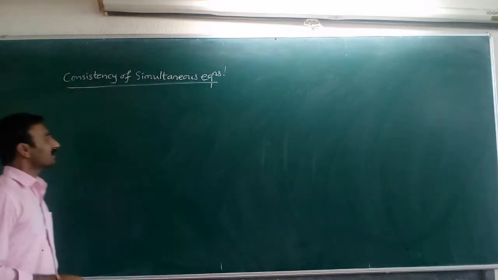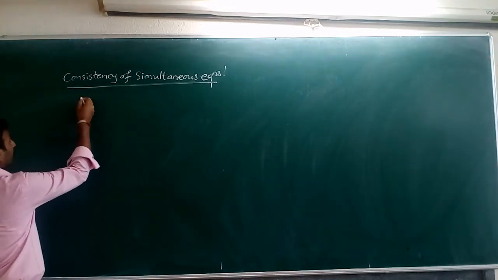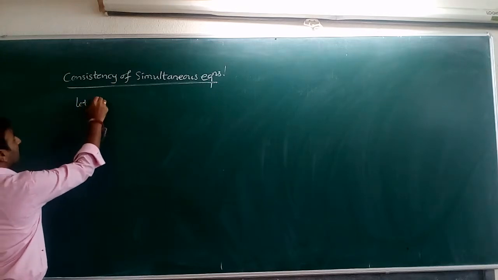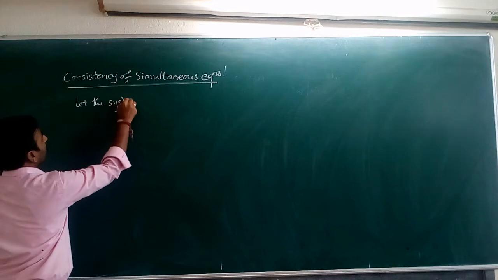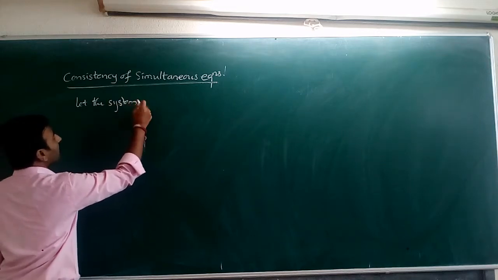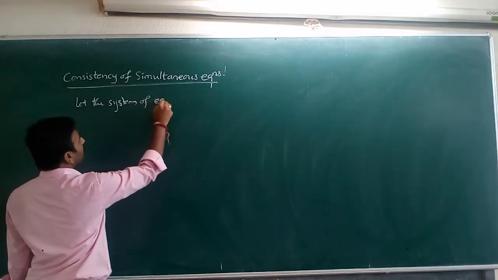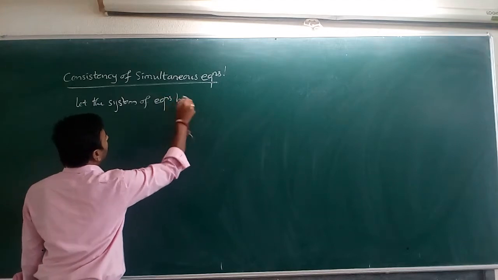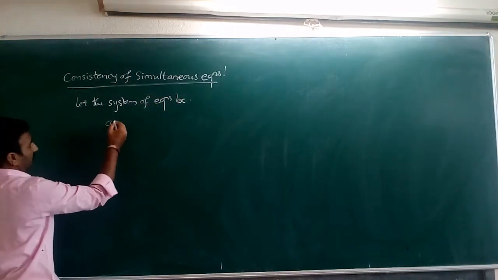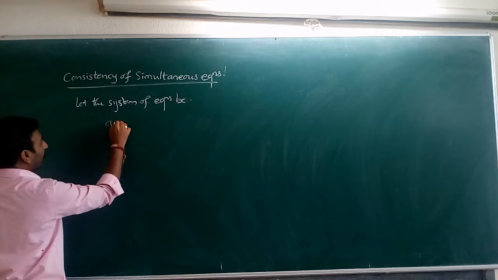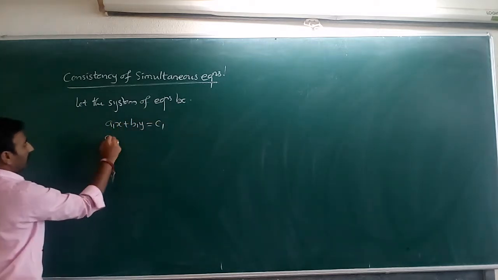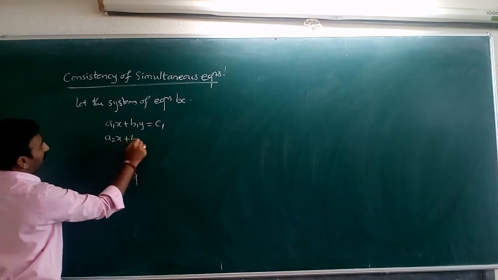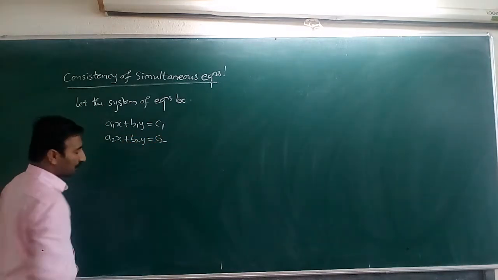What the method tells us: suppose let the system of equations be, I will take one simple example of two variables, a1x plus b1y equal to c1, a2x plus b2y equal to c2.